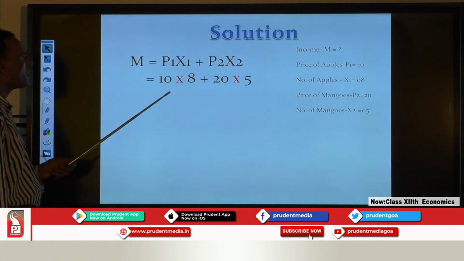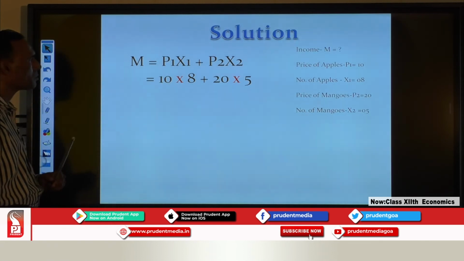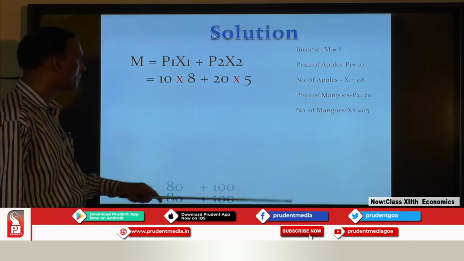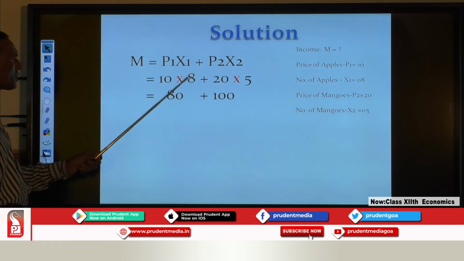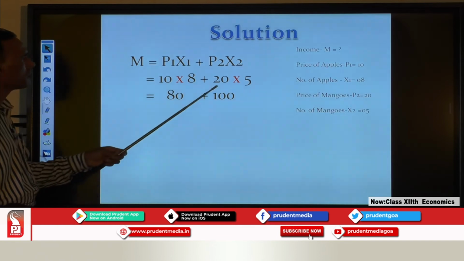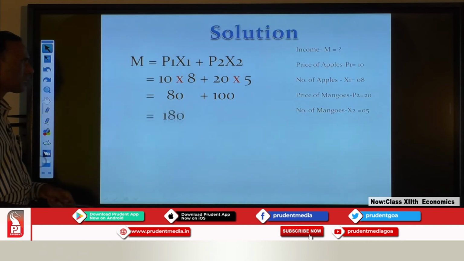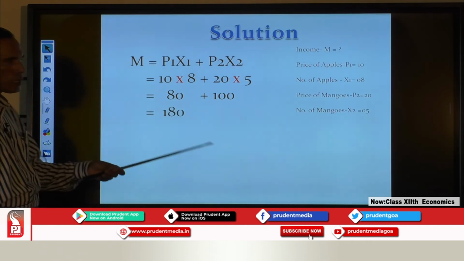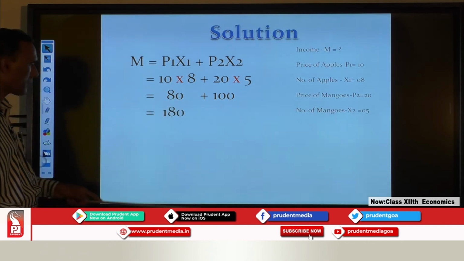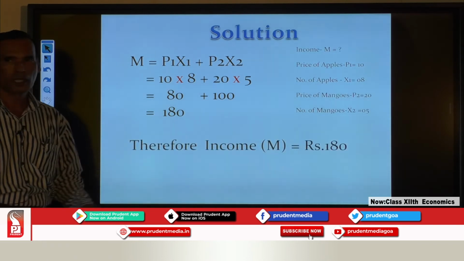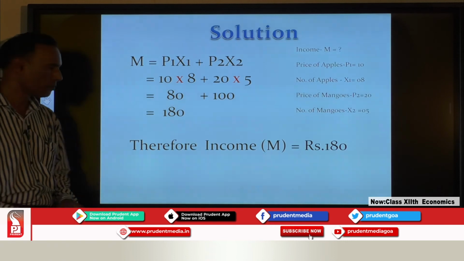So, 10 into 8 will give us 80, 20 into 5 will give us 100. So, 8 into 10 is equal to 80. 20 into 5 is 100. 80 plus 100, it is 180. Therefore, the income of the consumer is 180.